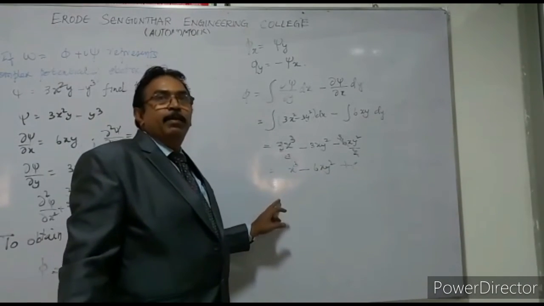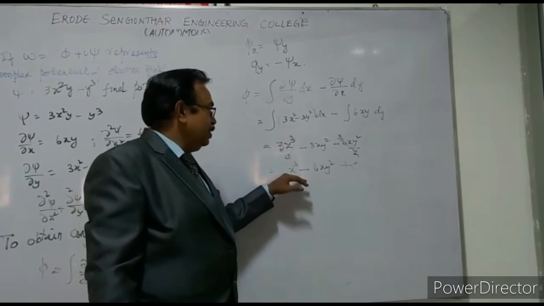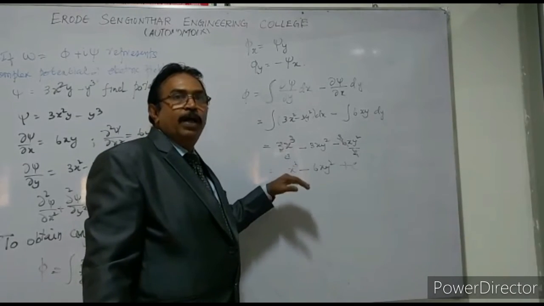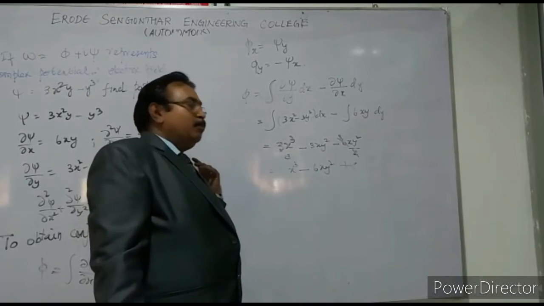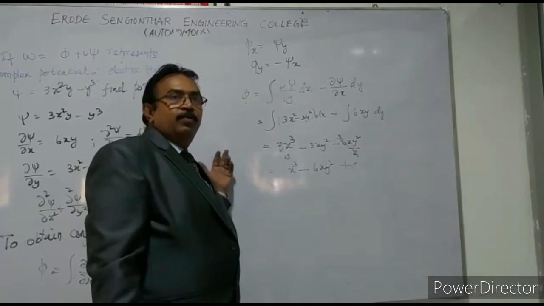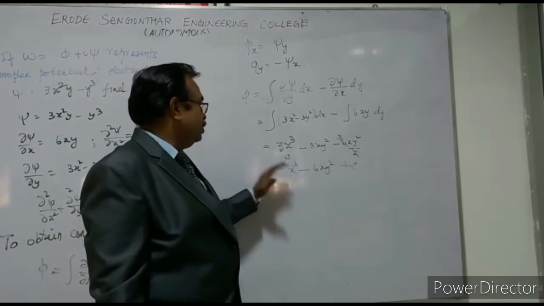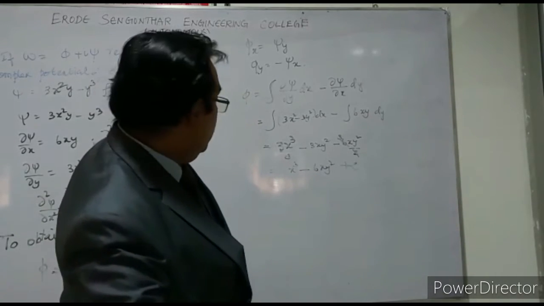So the main benefit of this is the potential function. We have proved that it is harmonic. After proving it is harmonic, you find the conjugate harmonic. The conjugate harmonic is this one, x cube minus 6x y square.